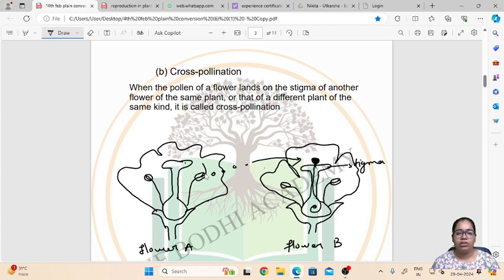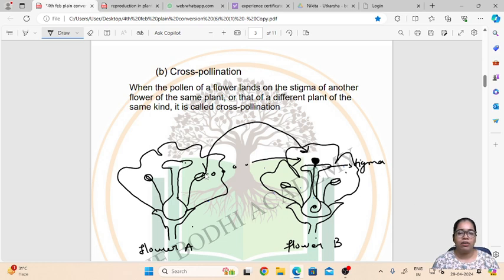in the fruit. So this type of pollination, wherein the pollen grains from one flower lands on the stigma of another flower. From flower 1, the pollen grains are pollinated and it is settling on flower B stigma.